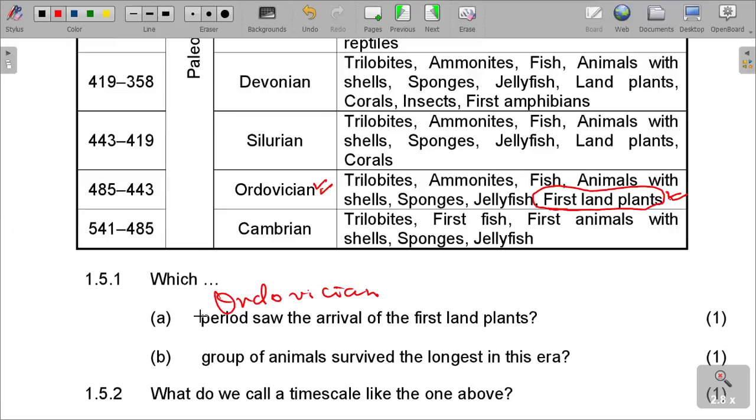We can find that we have got the trilobites, which are existing throughout. So for B, it is the trilobites that survived the longest in this era.